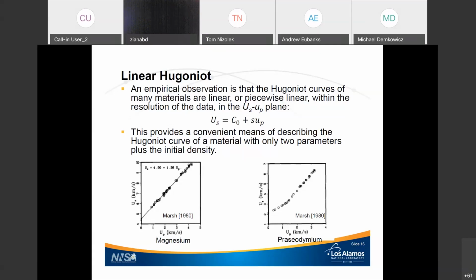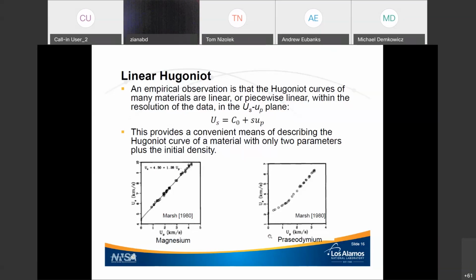This is magnesium, just your garden variety pure magnesium. This is the Hugoniot, from the Los Alamos Shock Hugoniot Data Compendium, edited by Marsh. And you can see that it's straight enough that, in fact, people fit straight lines to these things.